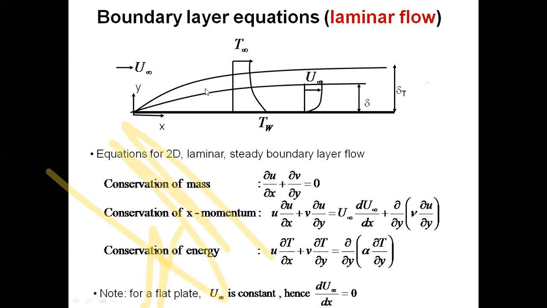It only influences the flow velocity within the boundary layer, not outside it. Outside the boundary layer, it is independent of the x value. So keep that in mind.